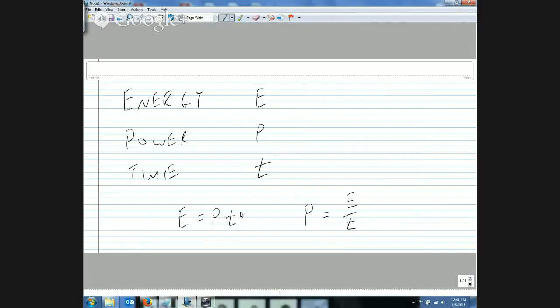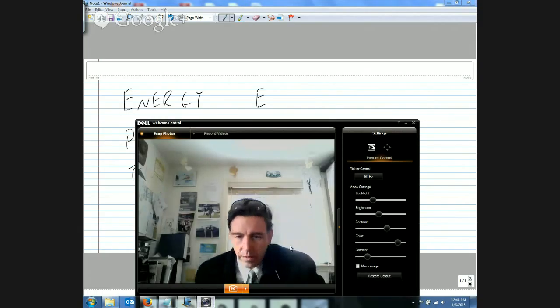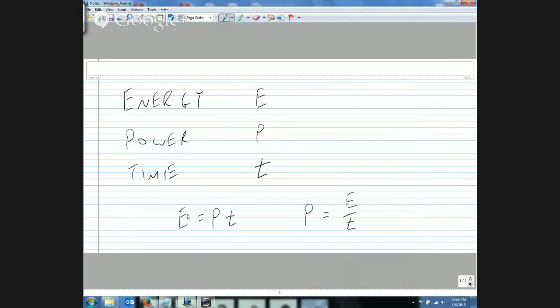And typically we think of time as something that we cannot affect, unless we're doing something relativistic, speeding up or slowing down time; the clock keeps ticking. So that's why we usually keep energy or power on the left-hand side of the equation.